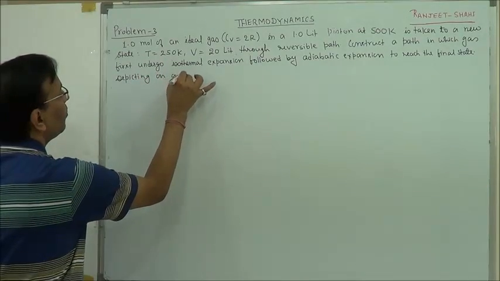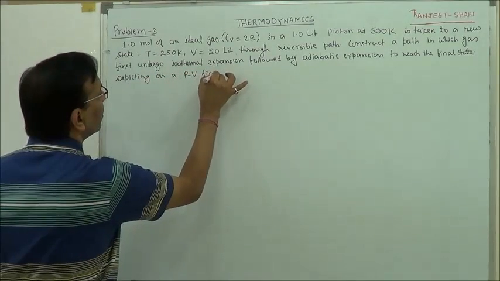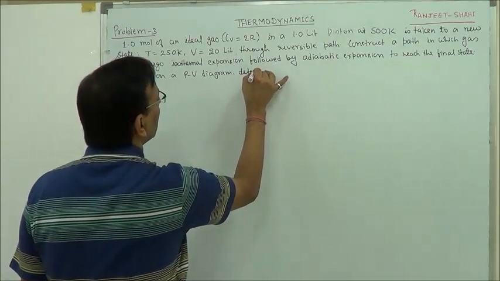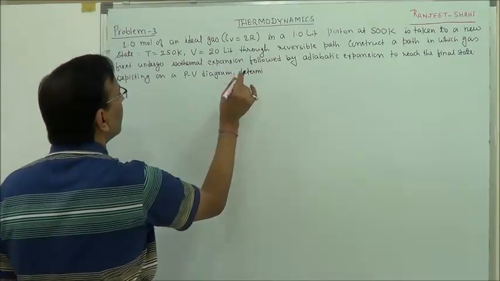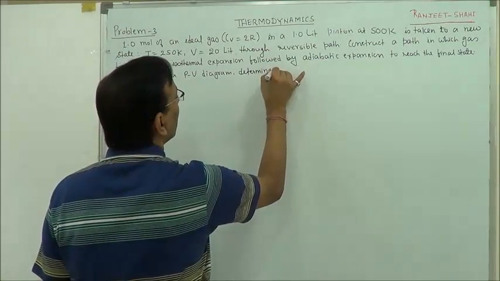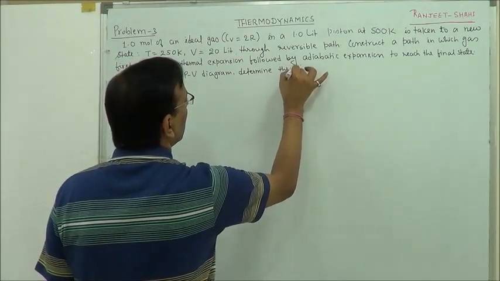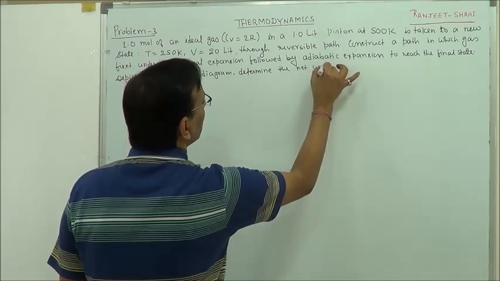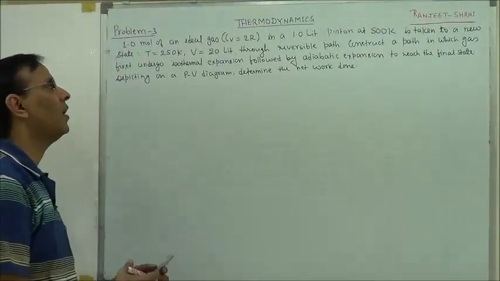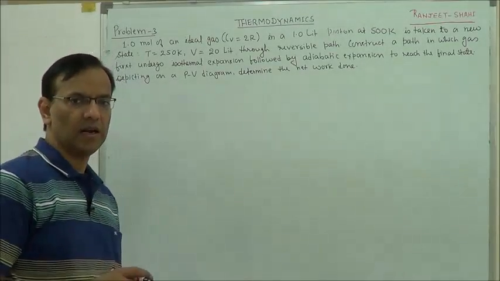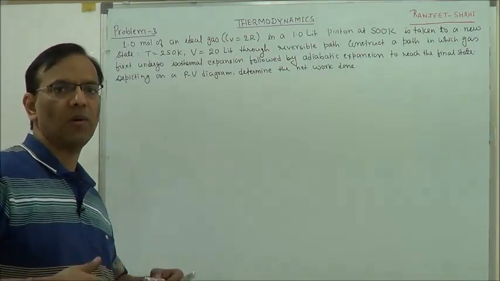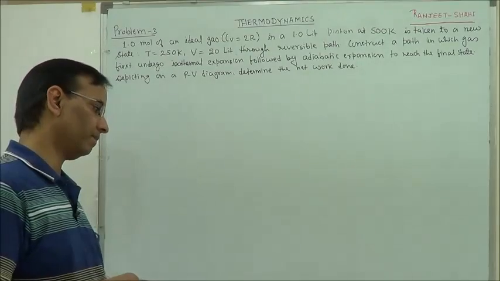Depicting on a PV diagram, determine the net work done. It's a very fundamental and I can say very good question relating isothermal and adiabatic processes.